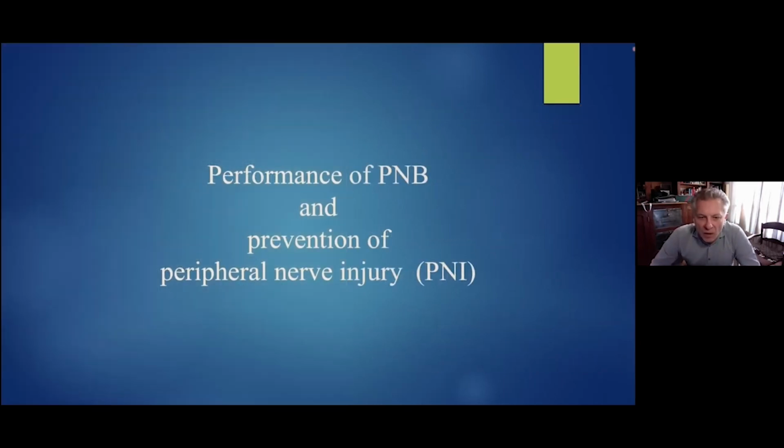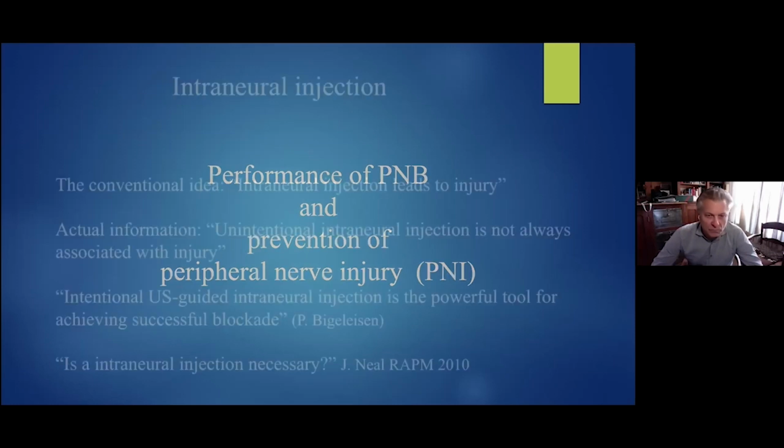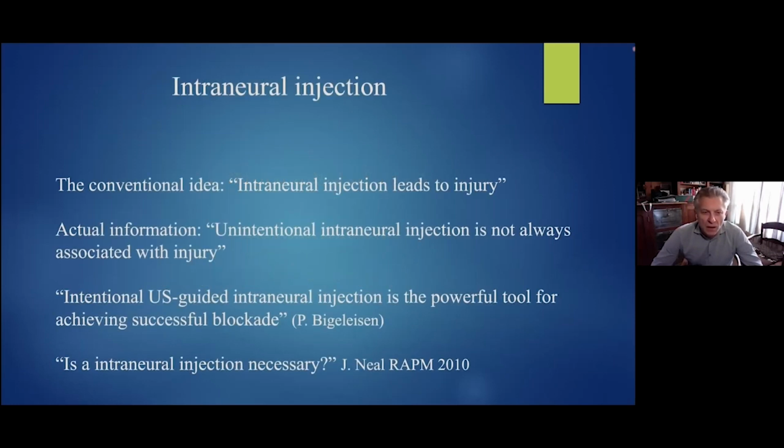So, once you are performing your block, what are the prevention techniques to avoid a peripheral nerve injury? The conventional idea is that an intraneural injection leads to injury. That's what all of us think. But we know from the information in the literature that an unintentional intraneural injection is not always associated with injury.